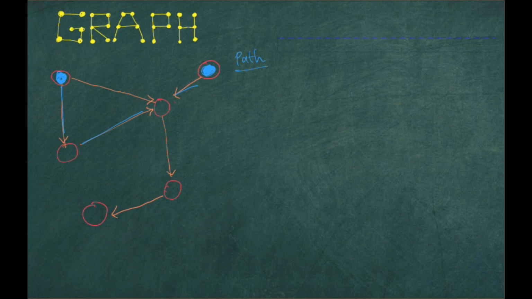We can extend the concept of a path to a concept of a cycle. If our path starts and ends in the same vertex, what we get is a cycle, because it is a closed loop.